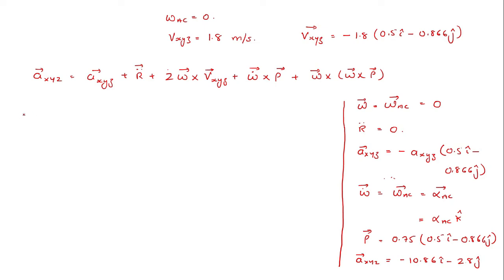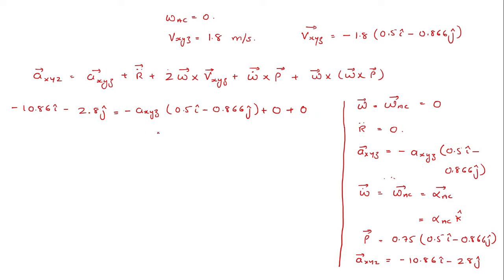So substituting all of these here, you would get minus 10.86 into i cap minus 2.8 into j cap is equal to A small xyz, which I can write as minus Axyz into 0.5 i cap minus 0.866 j cap plus R double dot, that is equal to 0, plus 2 omega cross Vxyz, and since omega is omega AC, that is also equal to 0.